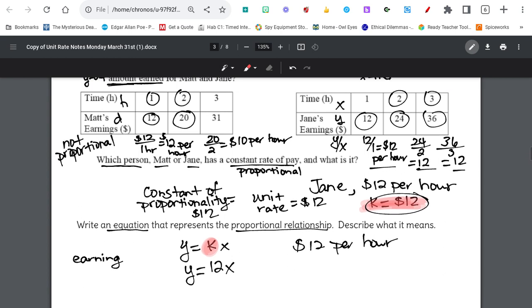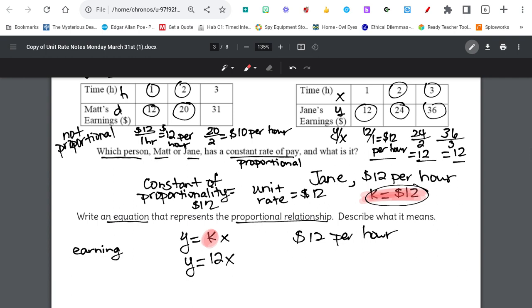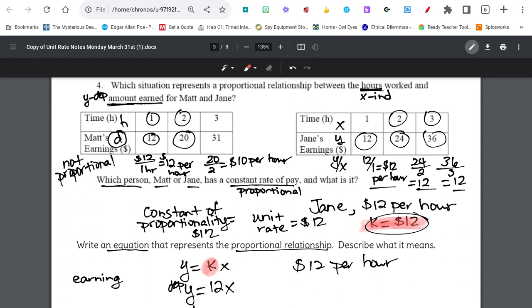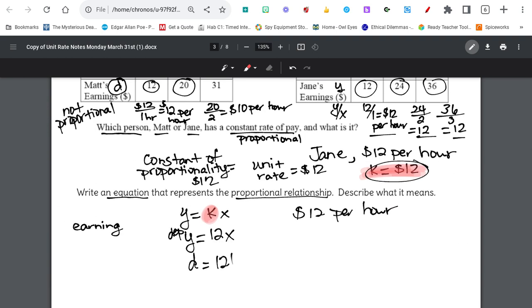So you wouldn't write Y equals 12X. Keep in mind the Y is your dependent. But on this one, they changed your dependent to D. So you write D equals 12. And instead of X being your independent, here they let H be your independent. So you write D equals 12H.